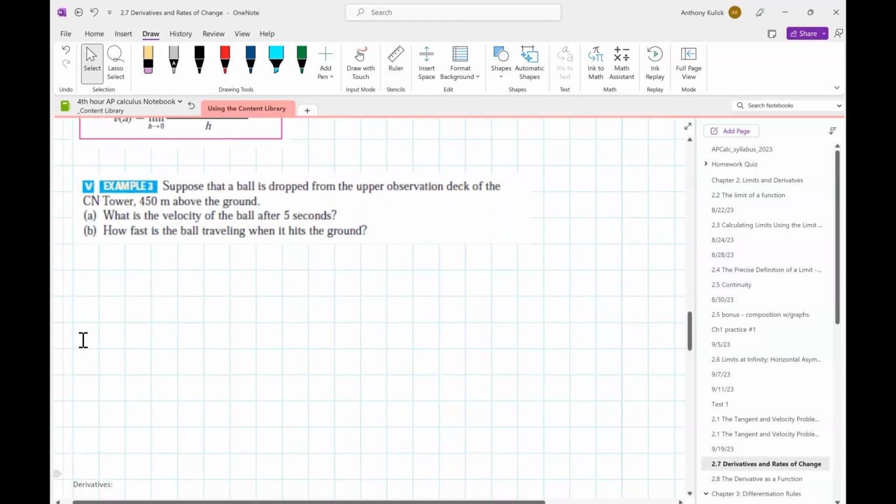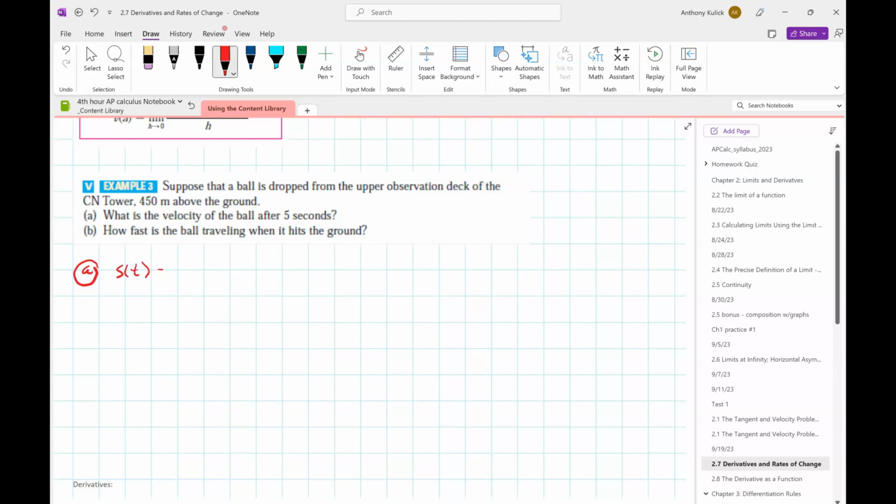Suppose a ball is dropped from the upper observation deck of the CN Tower, 450 feet above the ground. What is the velocity of the ball after 5 seconds? Physics students, one-dimensional motion. What's my equation? There you go, 1/2 at squared.